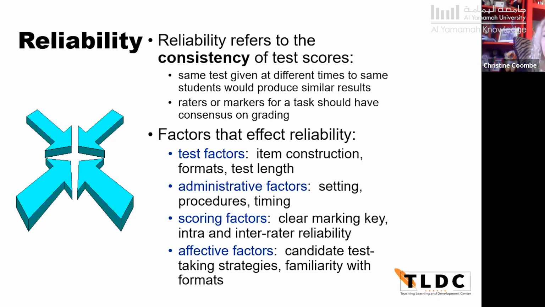Scoring factors can have a key impact, especially what are known as intra and inter-rater reliability. It is hoped that when you mark your students' writing samples, you engage in moderation, whereby you use your scale, your rubric, and you all practice as a group of teachers before you actually start the marking. Inter-rater reliability means between raters.